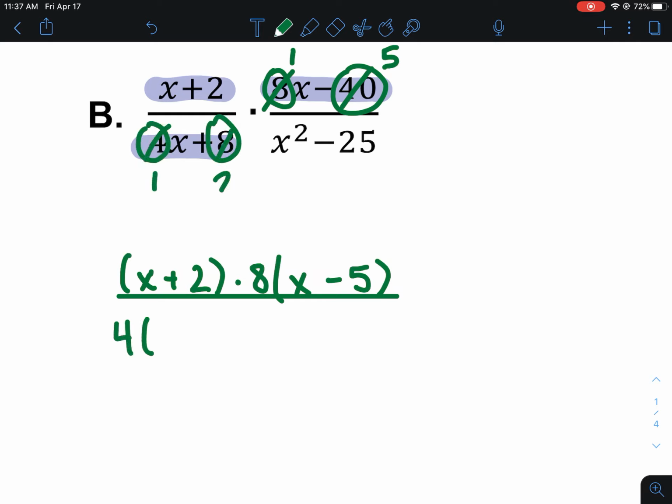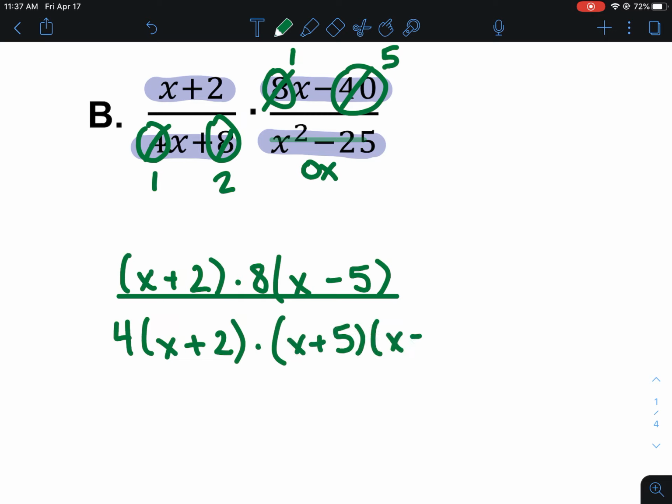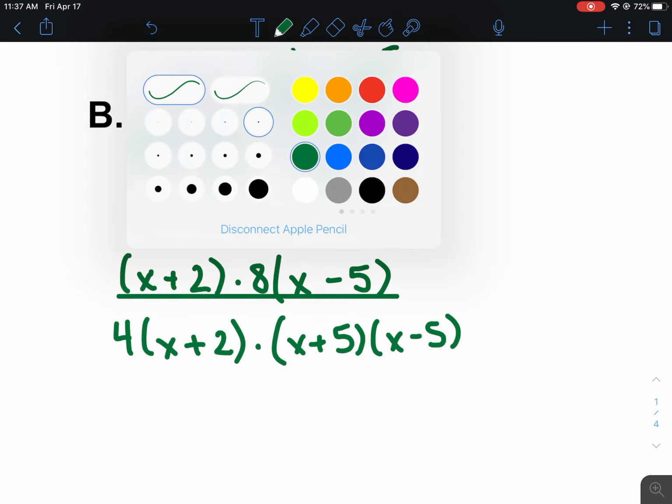If I divide each of these by 4, I'm left with x plus 2. And then again, this is what we call a difference of squares, where that's having a 0x there. What multiplies to give me negative 25, that adds to give me 0? x plus 5 and x minus 5.